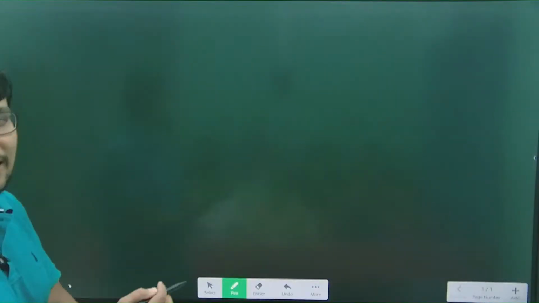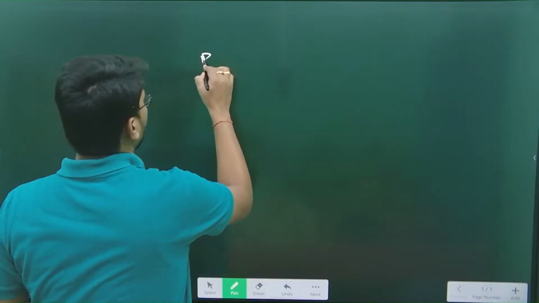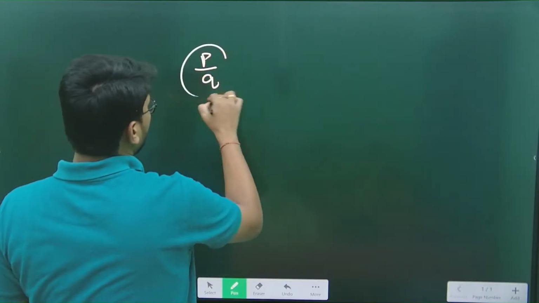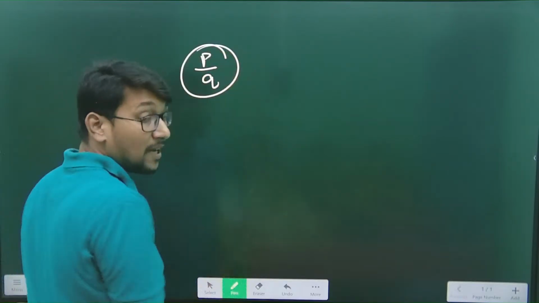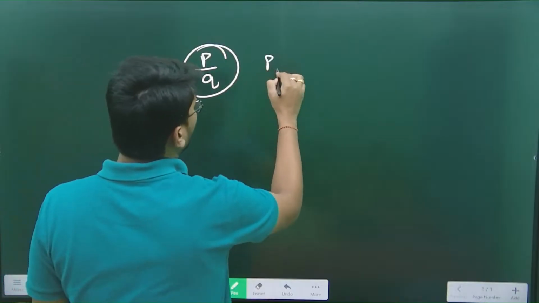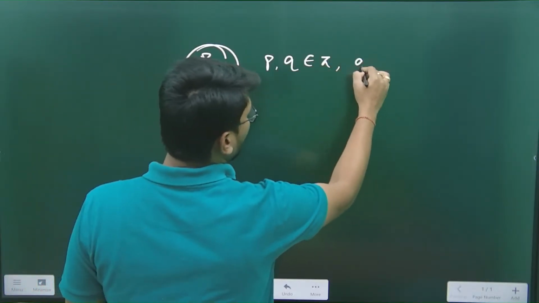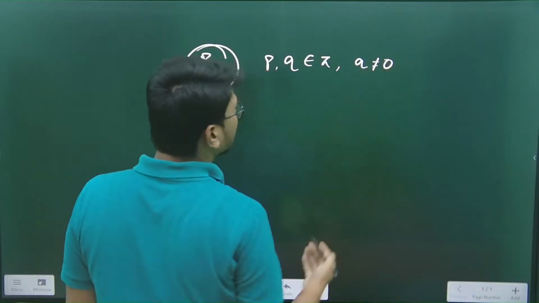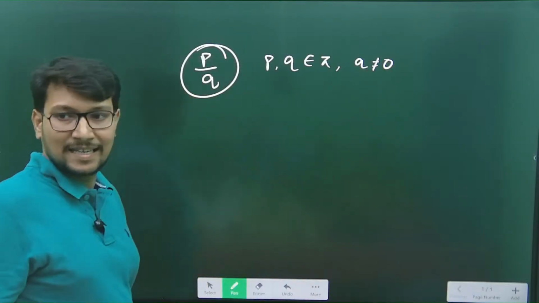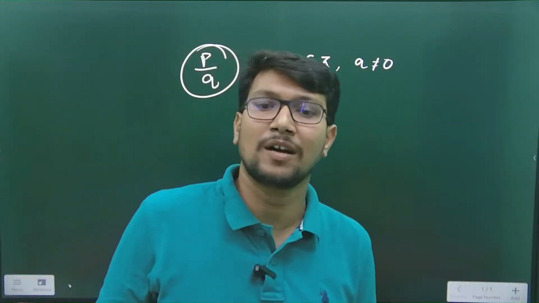It can be expressed in P by Q form, where P and Q are integers and Q is not equal to 0. And irrational means which is not rational.